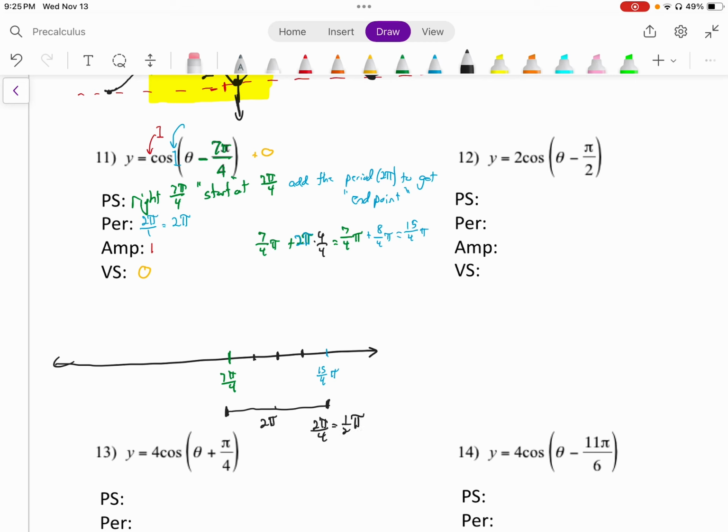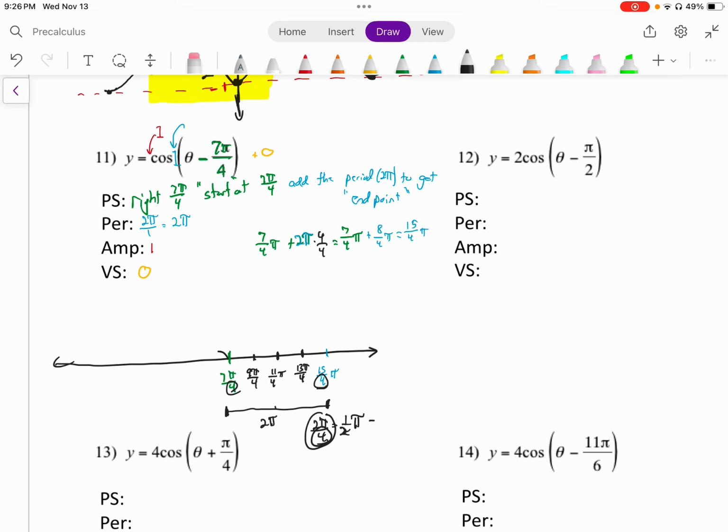And for our sake, we might want to think of this as 2/4, because the denominators are fourths. So we can take 7/4 pi plus 2/4, so this is 9/4, plus another 2/4, which is 11/4, plus another 2/4, which is 13/4, plus another 2/4 is the 15/4 that we have there.